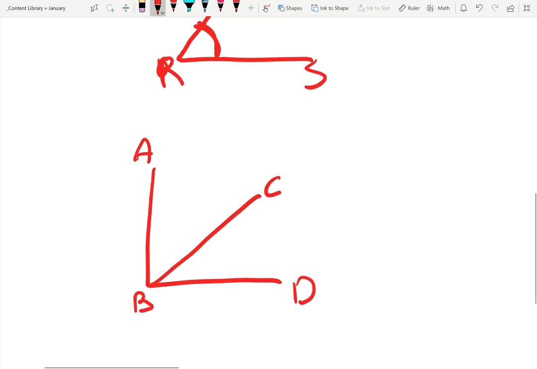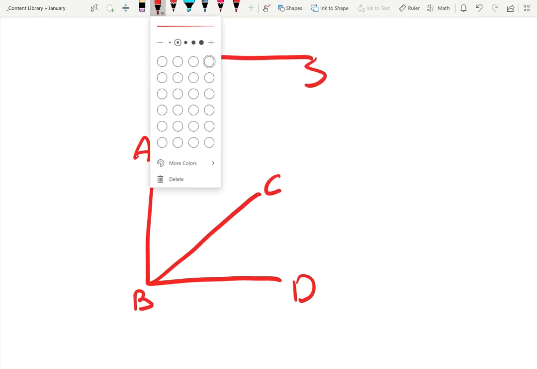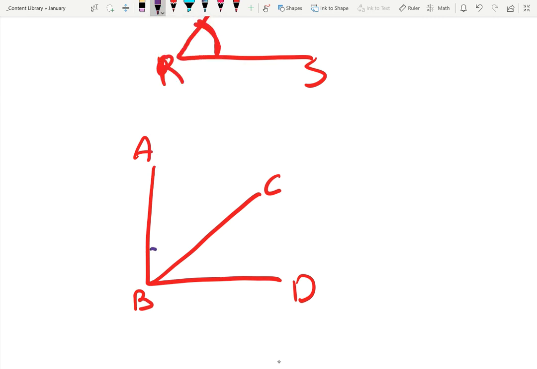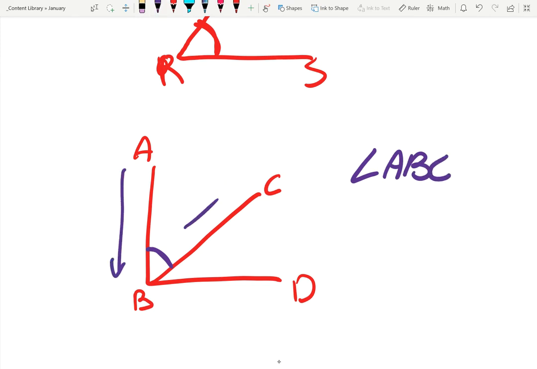For the purple wedge part, if I want to say just this angle, I would have to say angle ABC. And again, I'm going in that order, ABC. The middle letter is going to emphasize the vertex, the point where the angle resides.